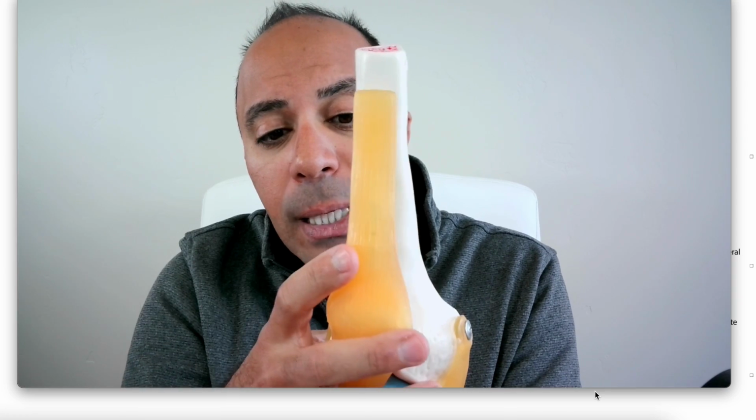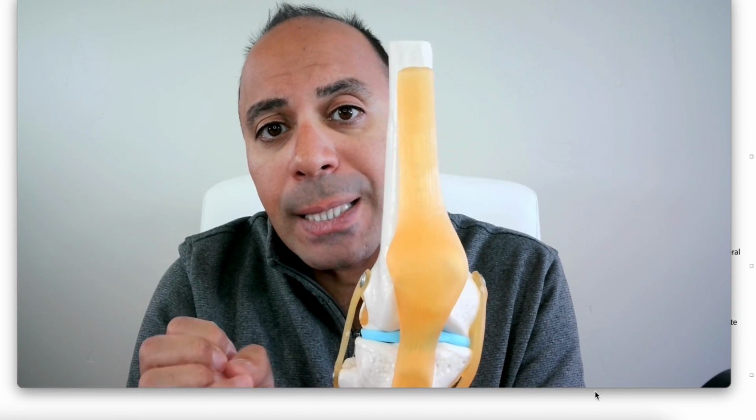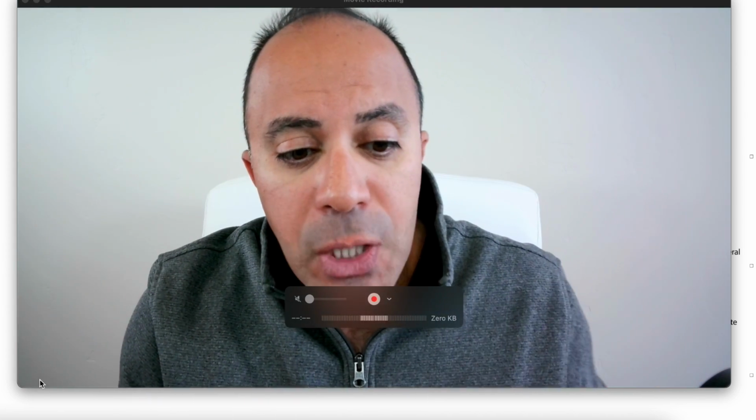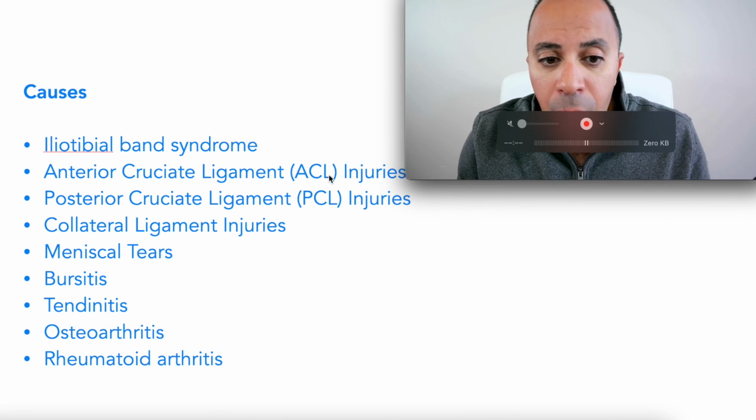So there's a lot that could go wrong in the knee, but the normal healing cycle is the same for any of the tissues in the knee, and the treatment will make sense when we understand the normal healing cycle. So what are the causes and risk factors for knee pain?